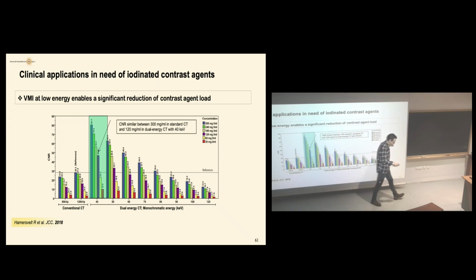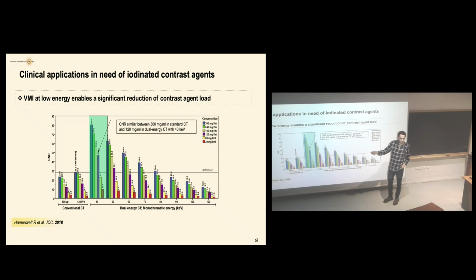This is more than 100 million CT per year, maybe probably even more. But when you come to spectral CT imaging, either dual or multi-energy CT, you see that you can achieve the same contrast to noise ratio by using more than 60% less concentration of contrast agents.